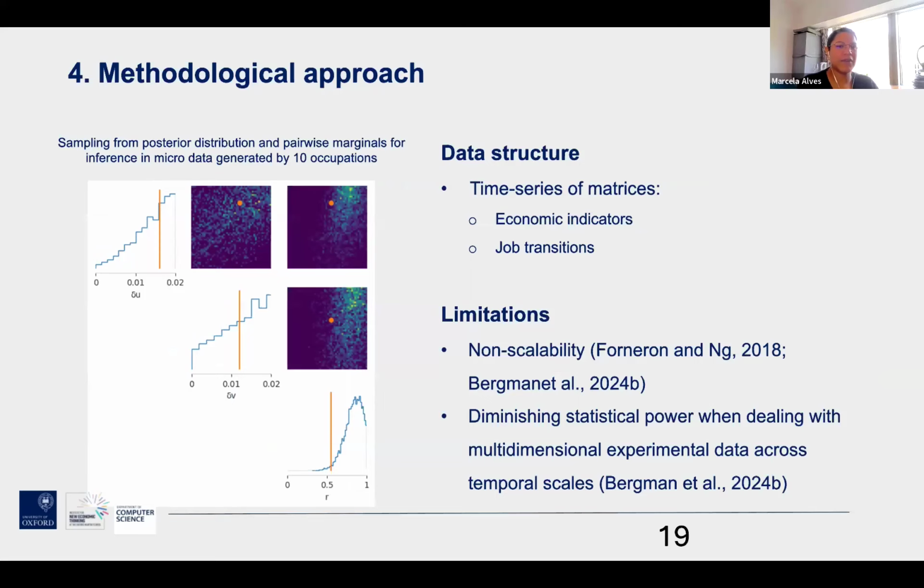There are, of course, very strong limitations here, because as we try to get more information from the ABM, it gets extremely heavy and the results are not aligning at all. So there is a huge dependency here on computational power. It's not scalable, depending on the information you get from the ABM.